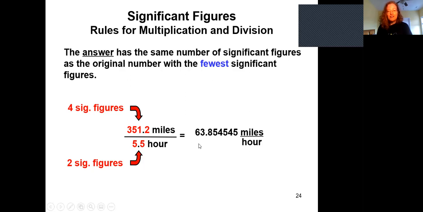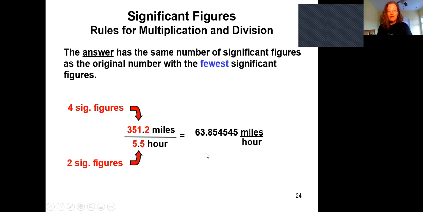Therefore, my answer needs to be changed. I need to think about how many significant figures my final answer will have, and then change this number to that. The rule, since we divided, is we can only keep 2 significant figures, because of the numbers that we worked with originally, the fewest number of significant figures was 2. All right, so how do I do that?